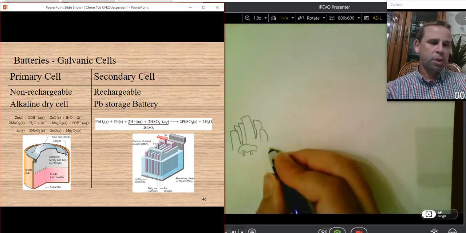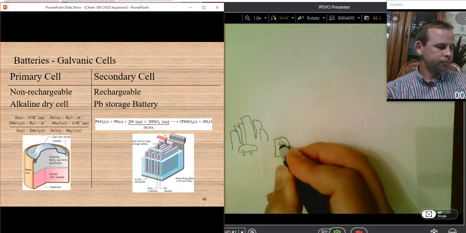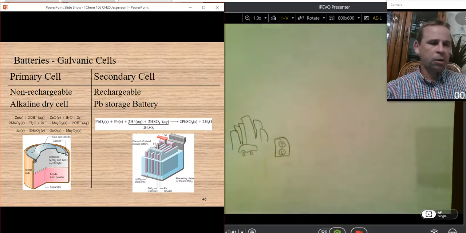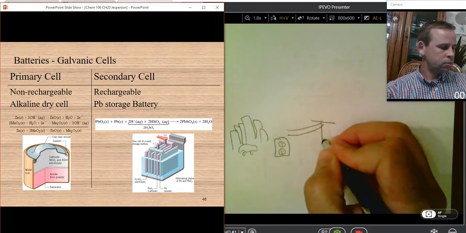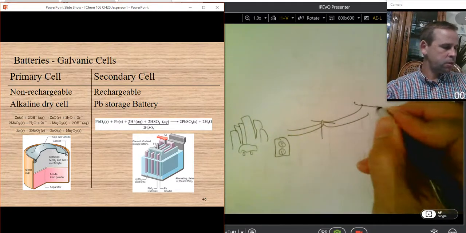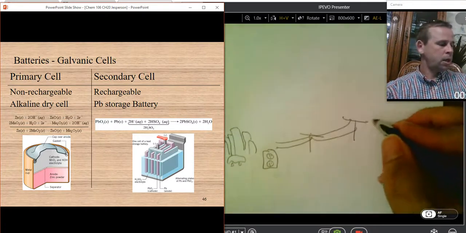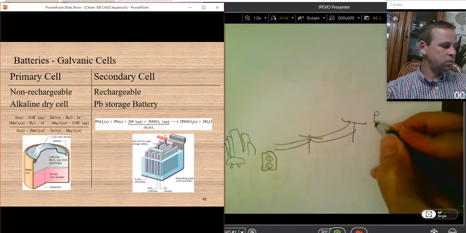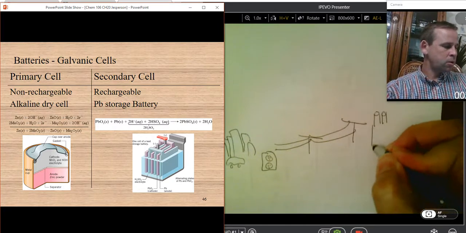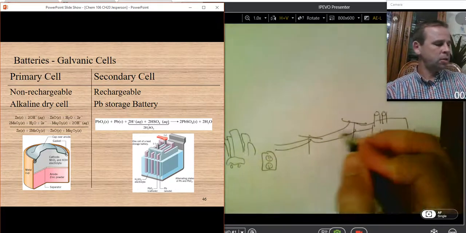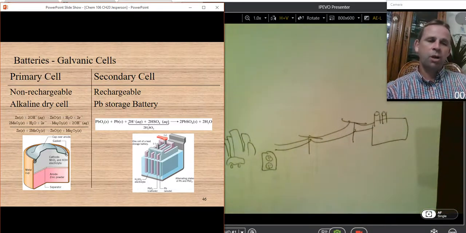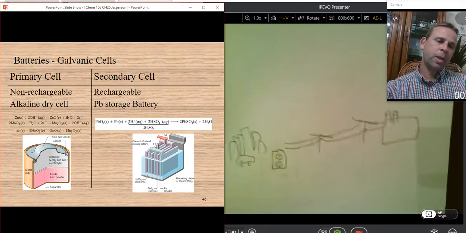But to charge my electric car, I need to have this, and this needs to be connected to some factory somewhere that is burning diesel fuel and creating the chemical reaction which is going to drive this process. Okay?